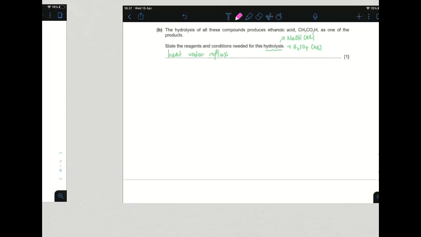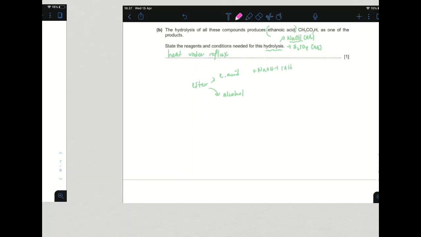But here what's going to happen is you need to produce ethanoic acid. Do remember, ethanoic acid does react with sodium hydroxide. After you have the ester, when they give you carboxylic acid and the alcohol, what's going to happen if you are using sodium hydroxide? The sodium hydroxide will not react with the alcohol, but it does react with the carboxylic acid to give you salt.